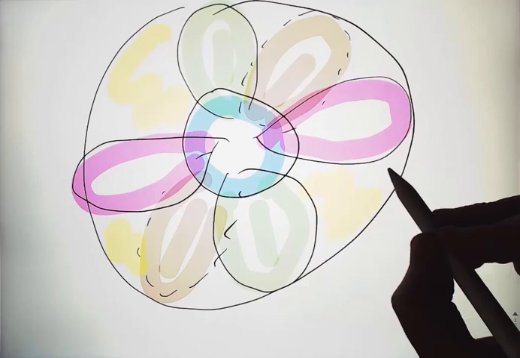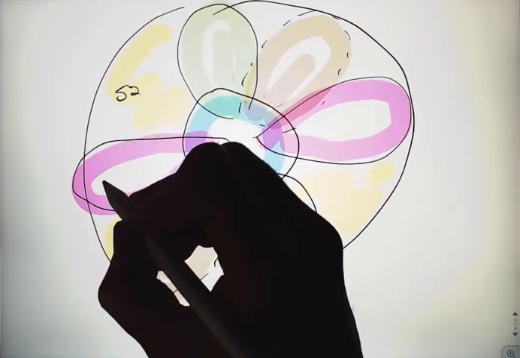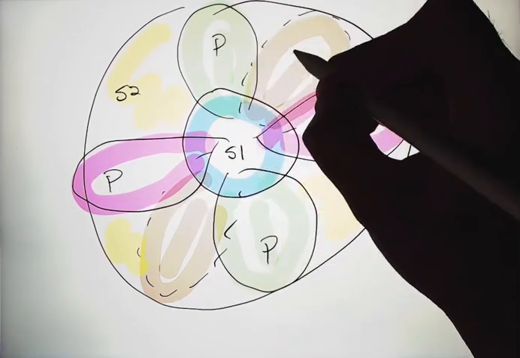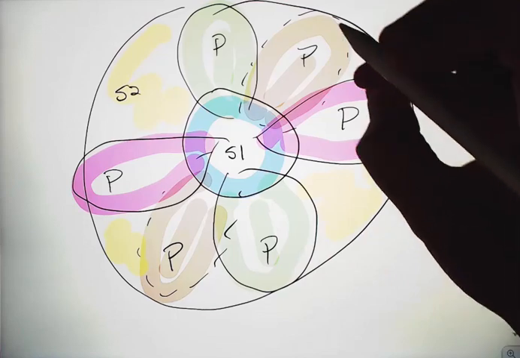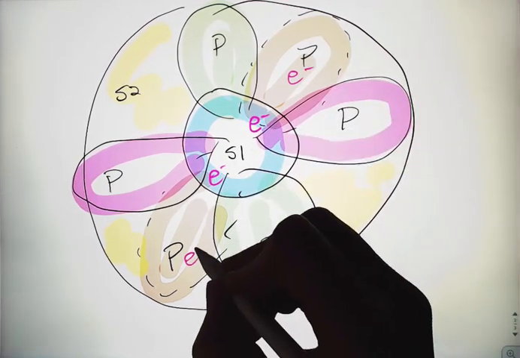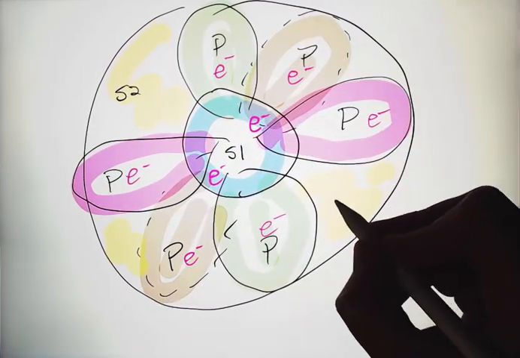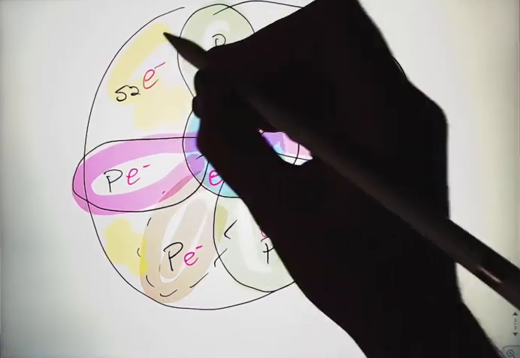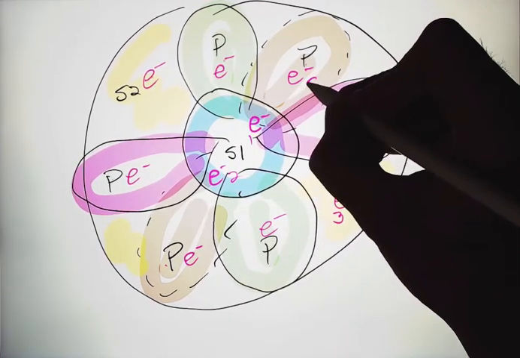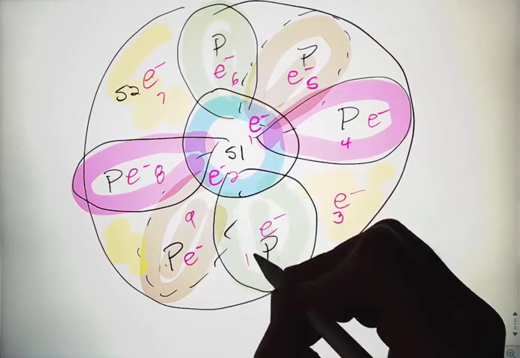So we have 1s, 2s, p, another p, and another pair of the p orbitals. We have 2 electrons in each set for 1, 2, 3, 4, 5, 6, 7, 8, 9, 10.